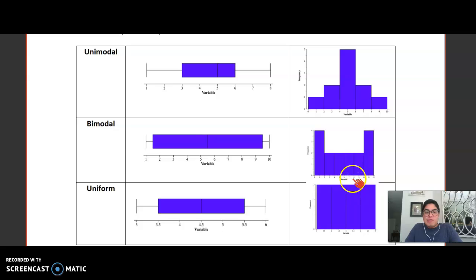Or if it's uniform, everything occurs exactly the same. Notice that each of these portions appears almost equidistant, but I can't see the specific shape. All I can see is the symmetry. So when we describe box plots, we're only going to focus on approximately symmetric, skewed right, or skewed left, since I can't really see the other types of shapes here.